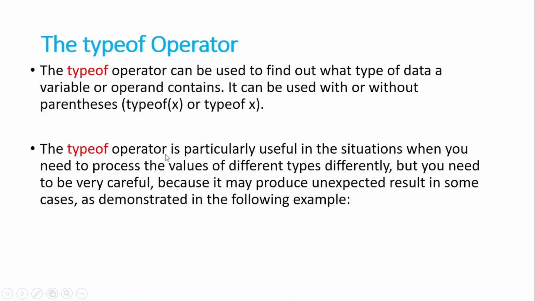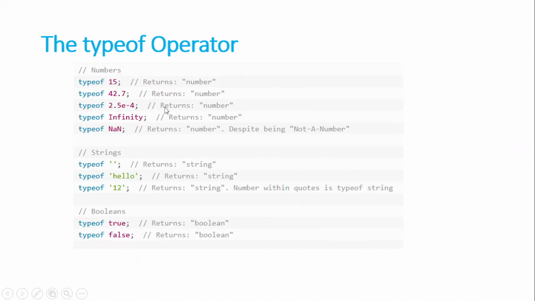The typeof operator is particularly useful in situations when you need to process values of different types differently, but you need to be very careful because it may produce unexpected results in some cases, as demonstrated in the following example.